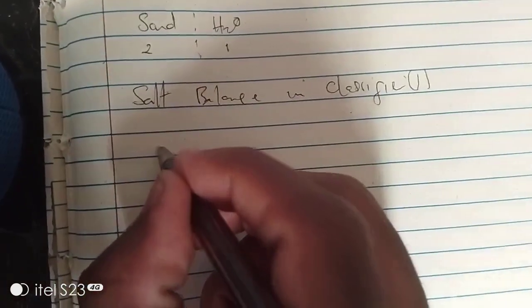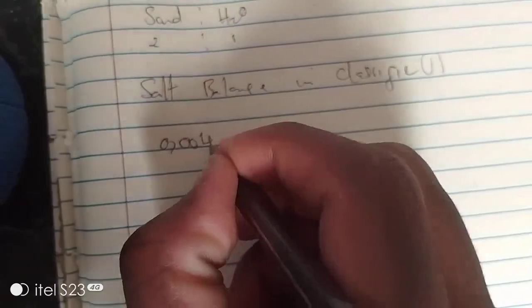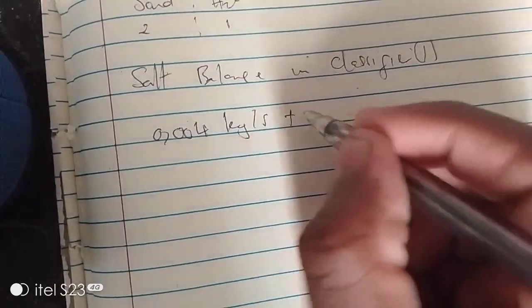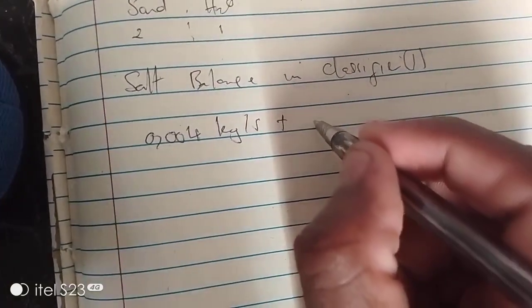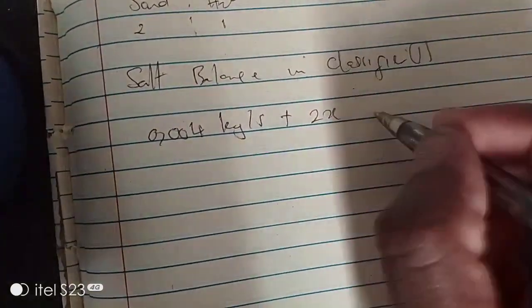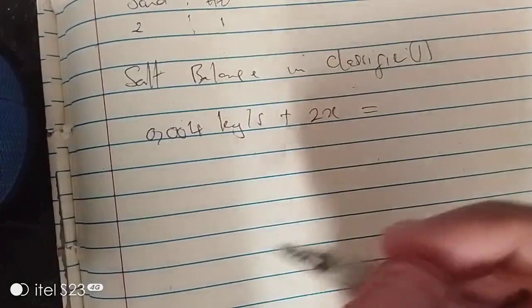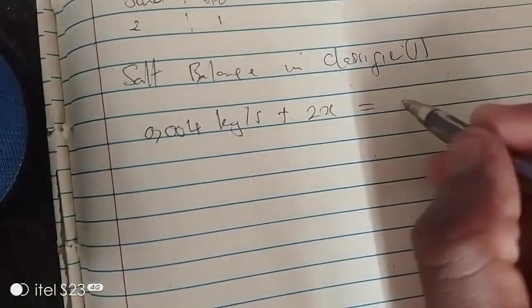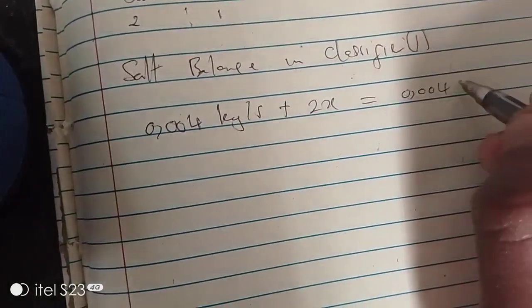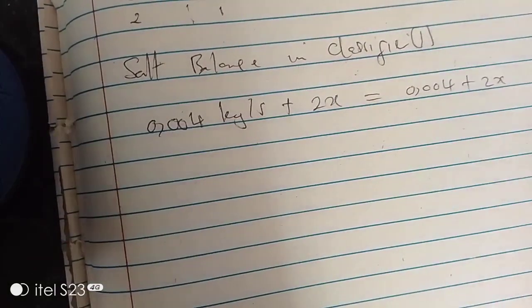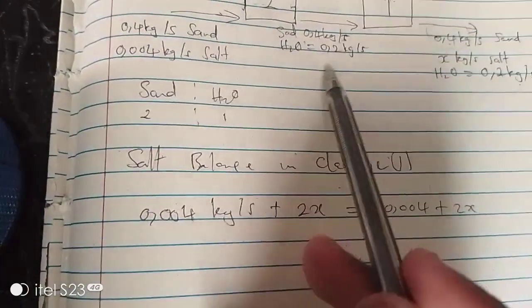On the underflow we've got 0.004 kgs per second, plus from the overflow 2x amount of salt. So you just have 0.044 plus 2x plus the amount of salt entering here in classifier 2.